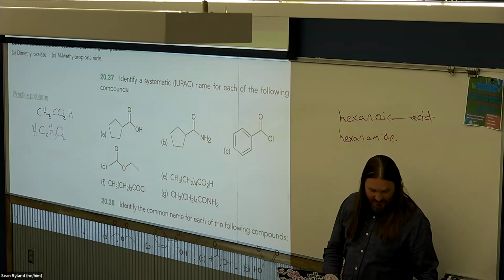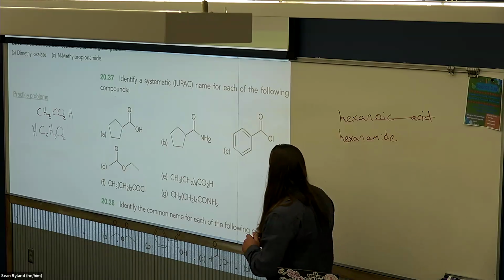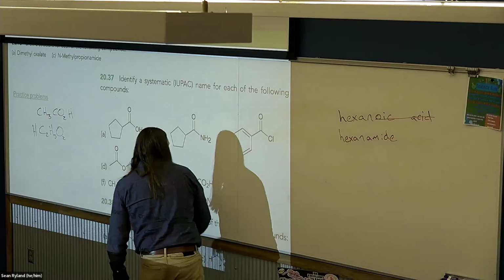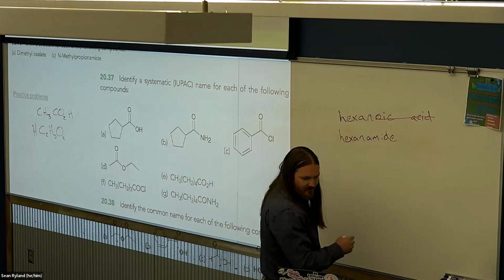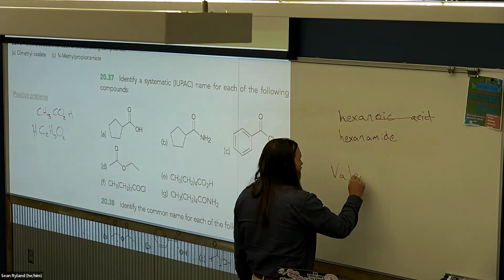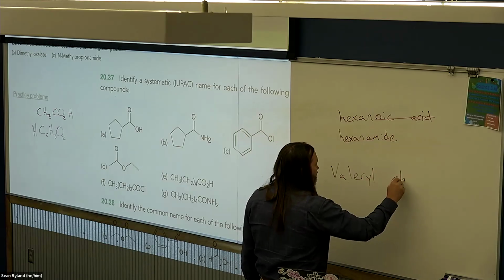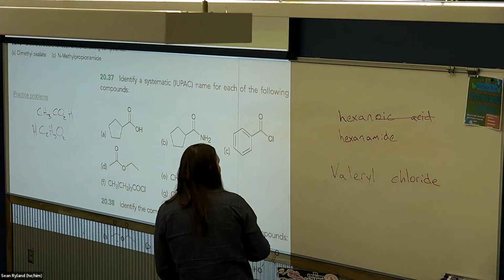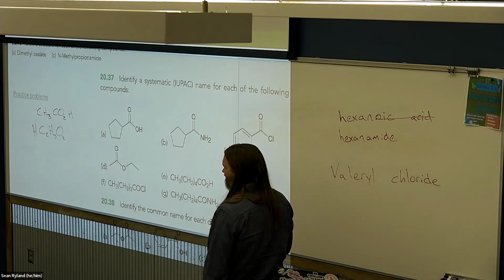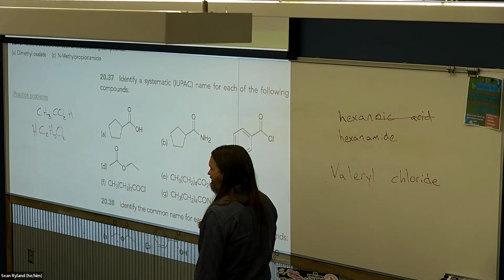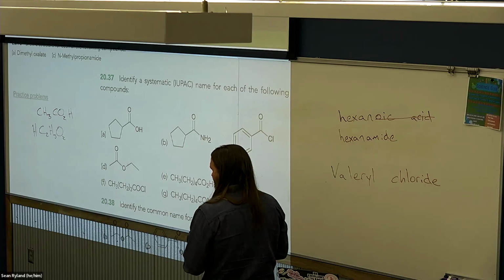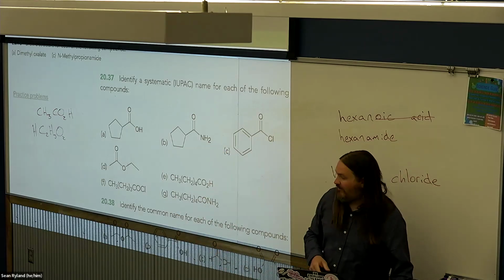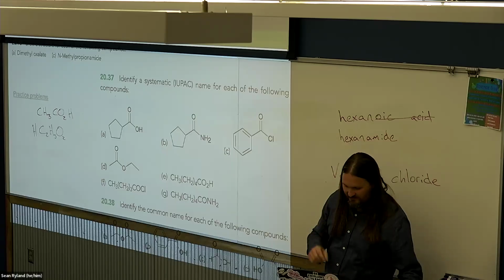The common name, I've never even seen this one before. If you take that back to what the acid would be, it'd be valeric acid, which I've never heard before. I don't know. At break, I'll probably look it up because I'm curious where that came from too.